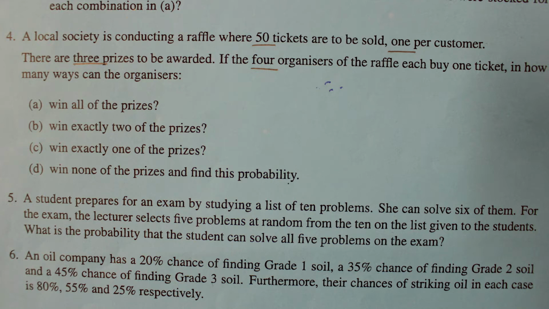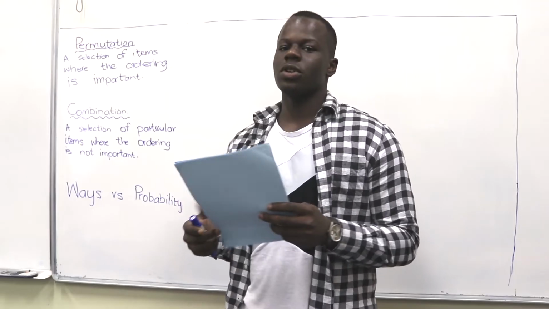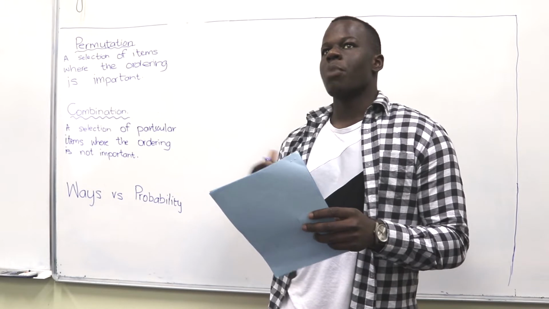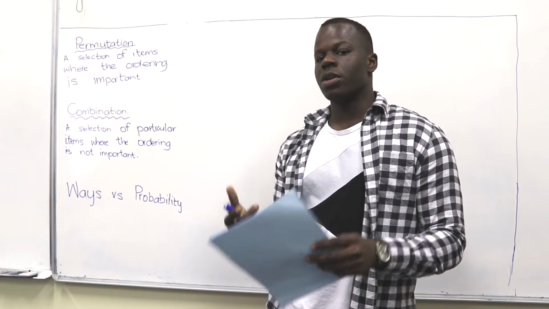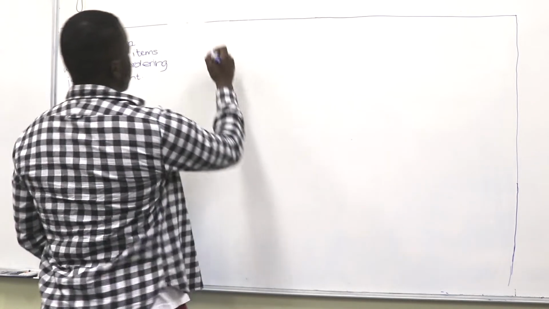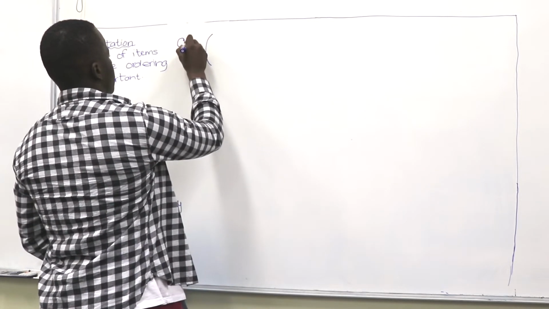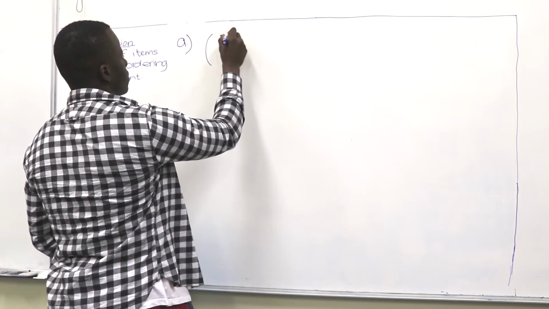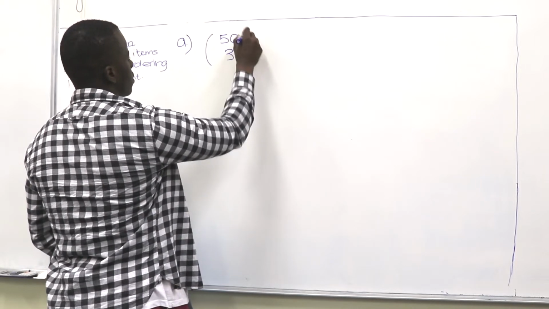In a question like this, first, we're going to start by finding out the number of ways of 3 people winning the tickets from the 50 people. So we're going to go 50 choose 3.